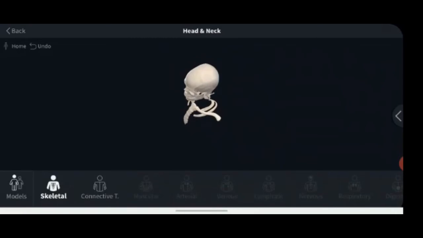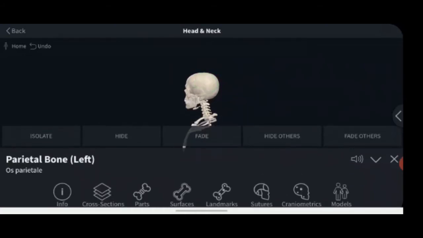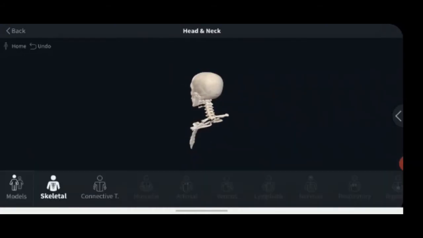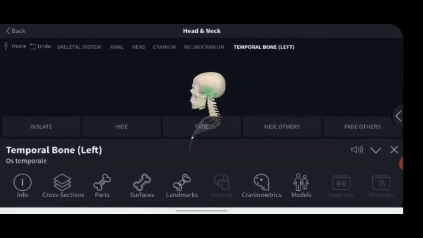Now we will again see the neurocranium and the splanchnocranium. The neurocranium includes two parietal bones. This is the left parietal bone, and the temporal bones. This is the parietal bone, this is the temporal bone.